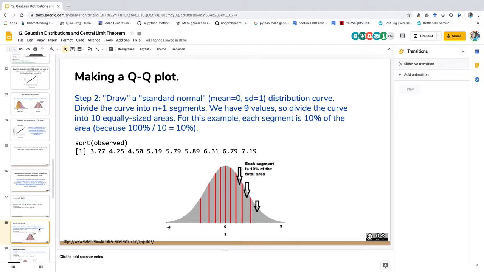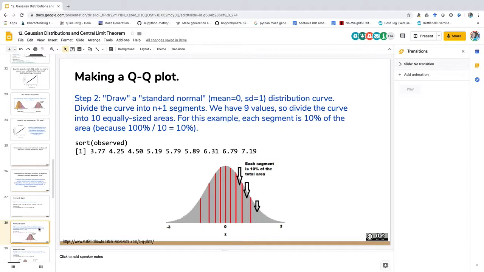Now, when we make a QQ plot, the second step is to essentially draw in our heads a standard normal curve. And remember, the standard normal is mean 0, standard deviation 1. If I've got 9 observed values, that means I'm going to use deciles. You add one more range to the number of values that you have. If you had 10 values, it'd be 11 ranges.